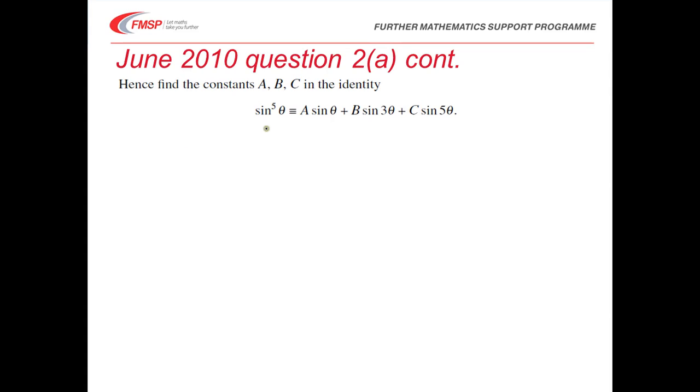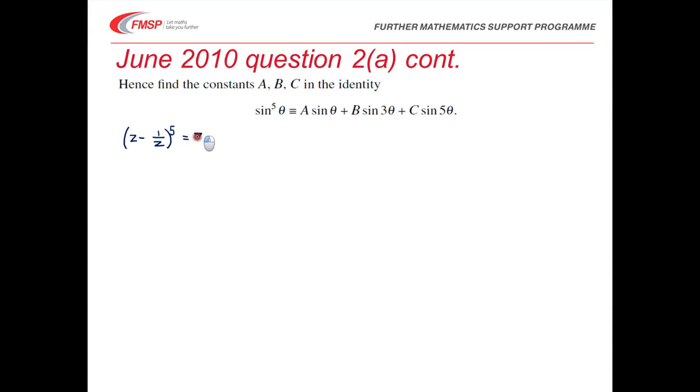So I've got sine to the 5 theta. Okay. I'm going to start with (z minus 1 over z) to the 5 because I know that z minus 1 over z is 2j sine theta. So I'm going to be able to get my sine to the 5 out of that.